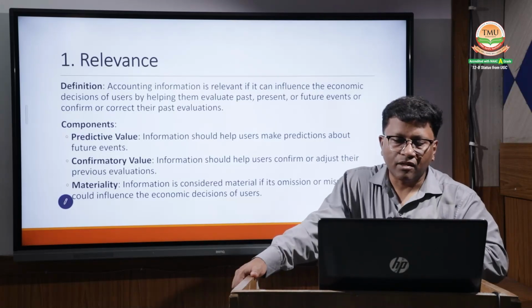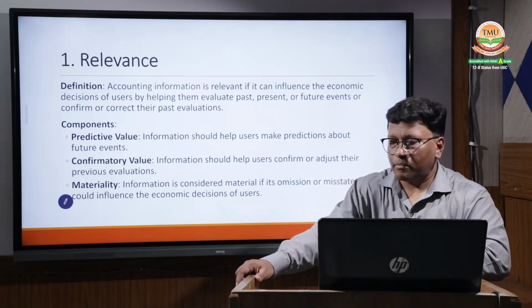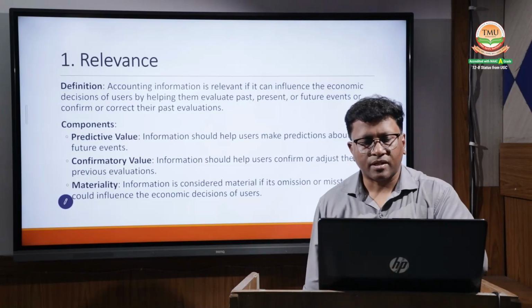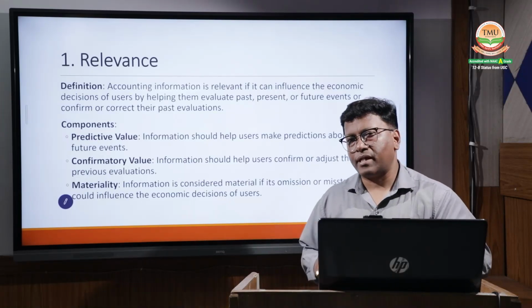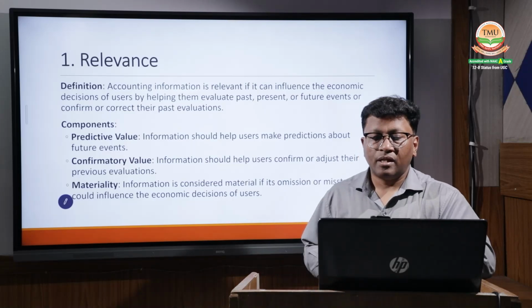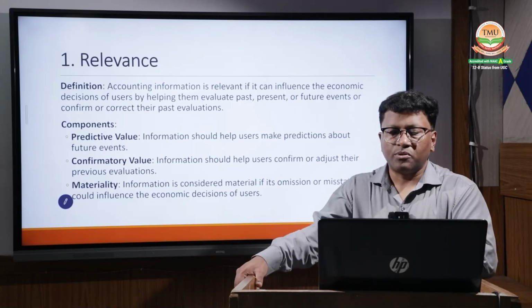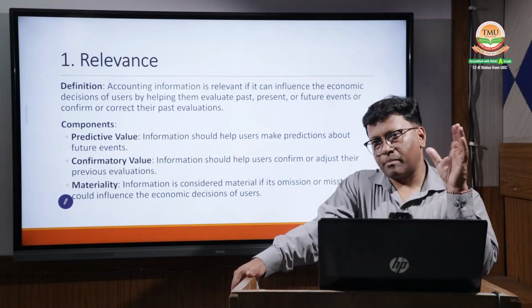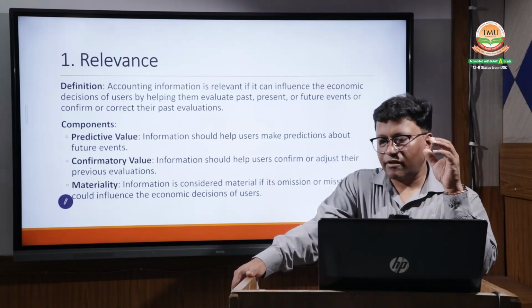So you can predict the value, right, and confirmatory value: information should help users confirm or adjust their previous evaluation. Suppose you have already calculated some values, and the information is helping the users to confirm that this was the particular value in the previous years also. So that is the confirmatory value.